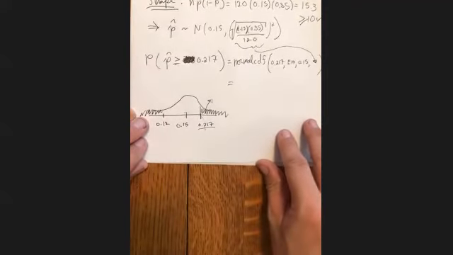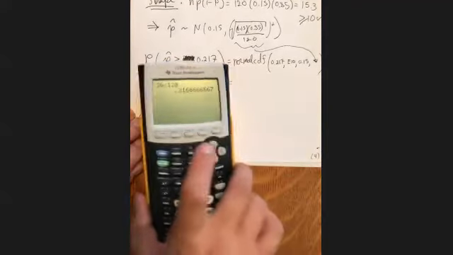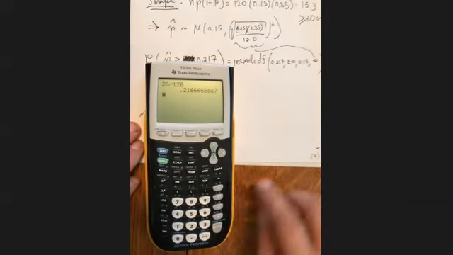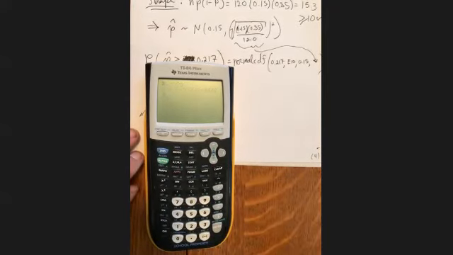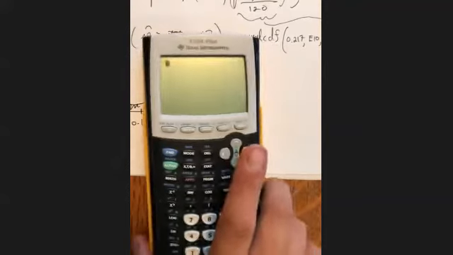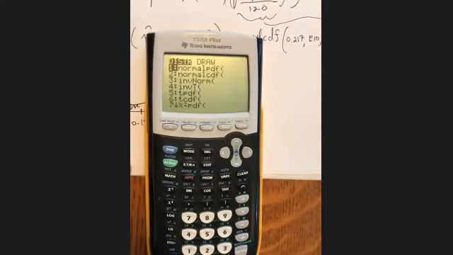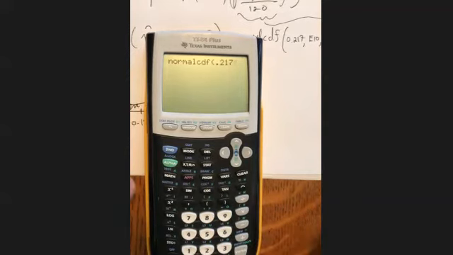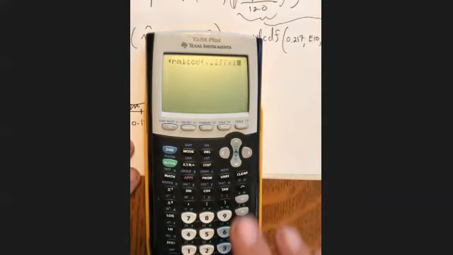All right, so let's do it. Second, FARS, normal CDF, put in all the numbers: lower bound 0.217, upper bound something very large, 10,000, 1 million, something like that.